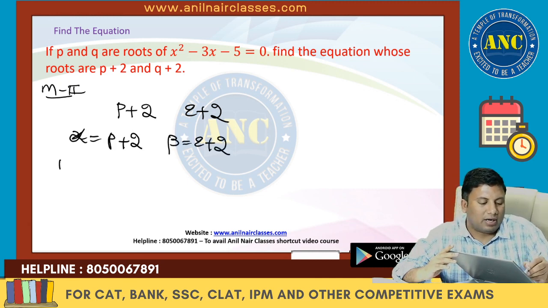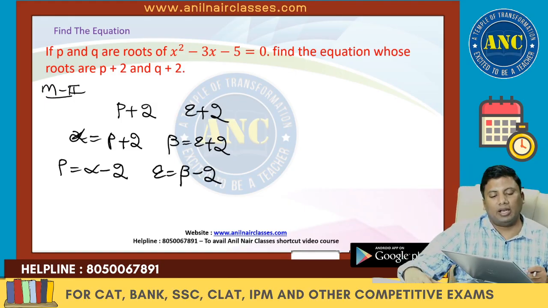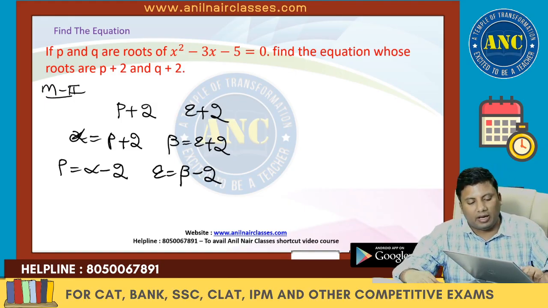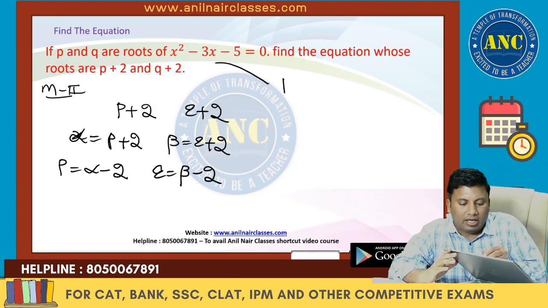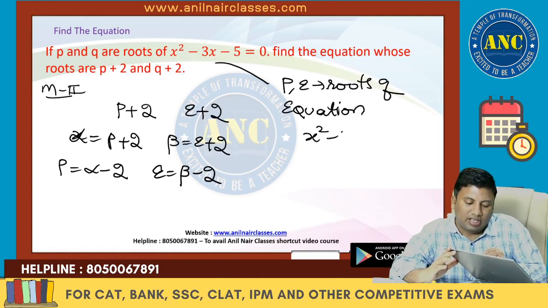Then p is alpha minus 2 and q is beta minus 2. Here p and q are the roots of this equation.